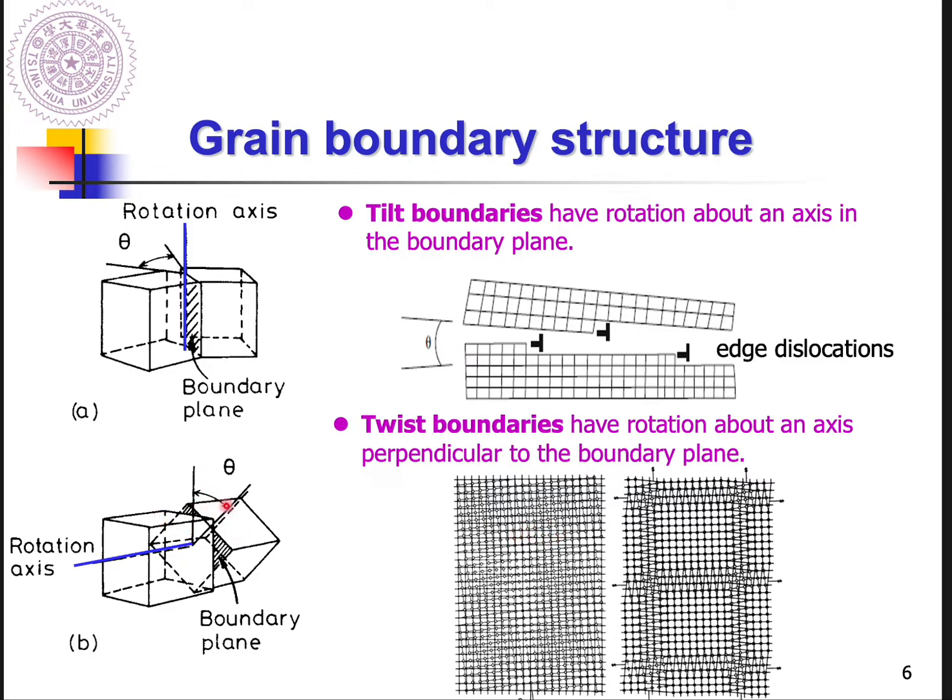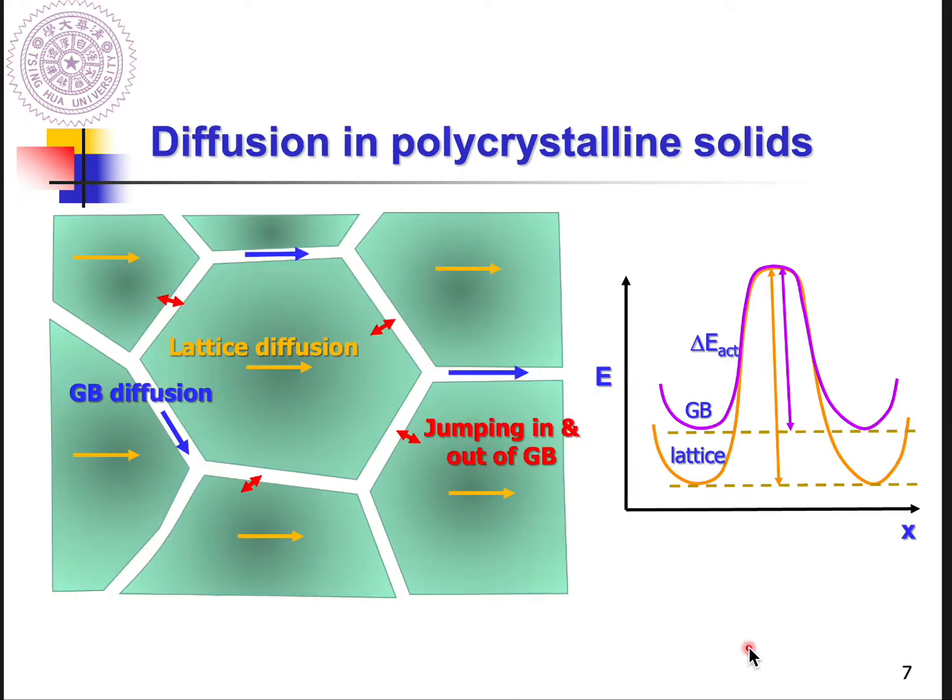Based on different theta, you can observe different boundary structures. In this example we have two different theta, so you can see the boundary structure is slightly different.